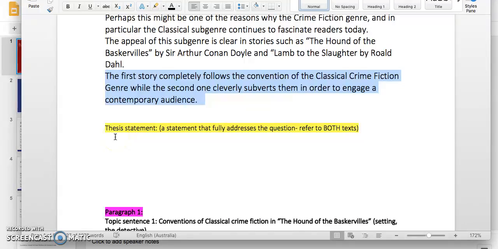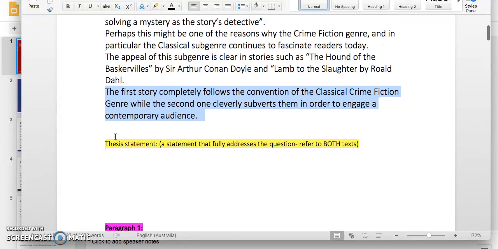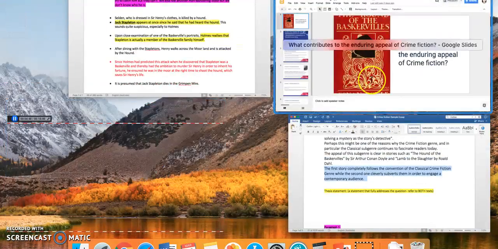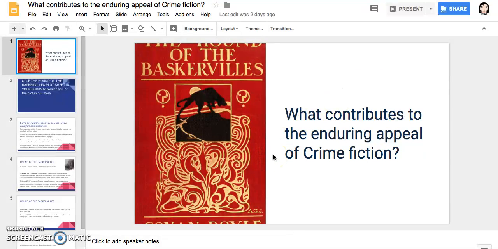Now, my thesis is a statement that directly addresses my essay question. And my essay question is something like, what contributes to the enduring appeal of crime fiction? So what makes the audience keep on coming back to reading those stories? What makes them so interesting and so intriguing that the audience keep on coming back and wanting more?